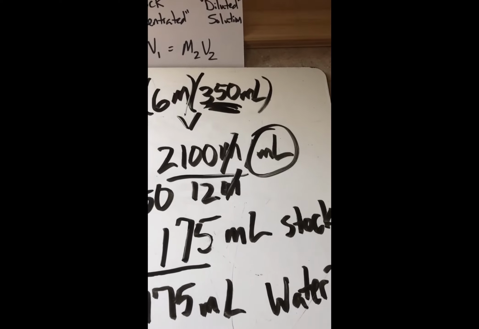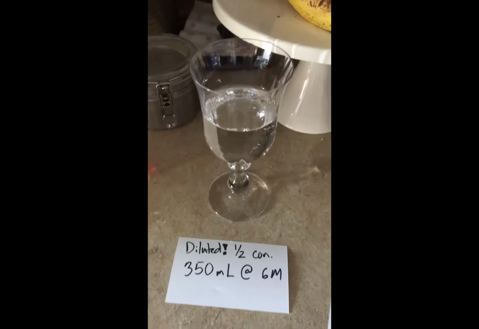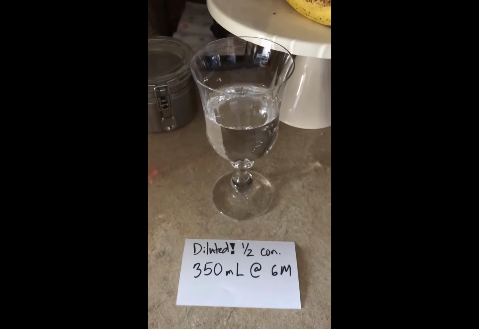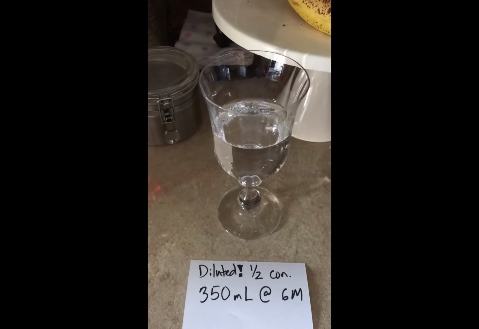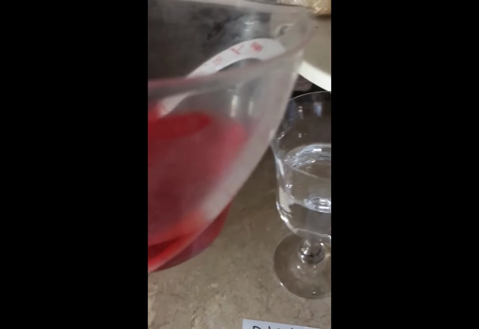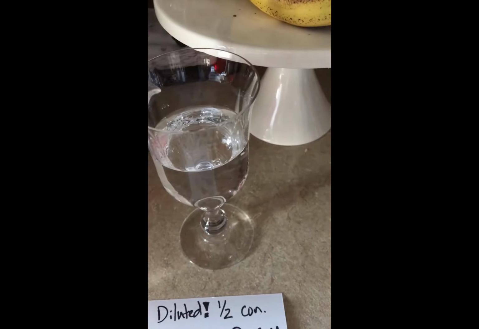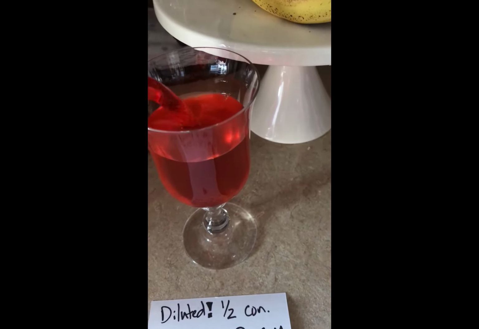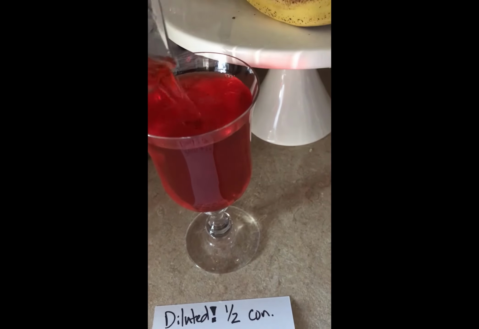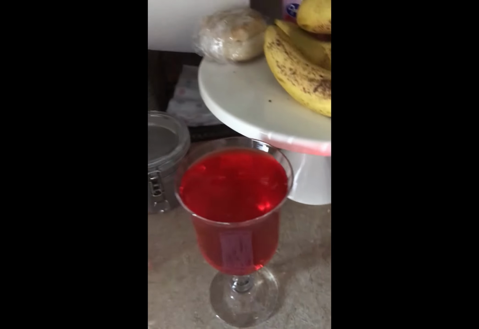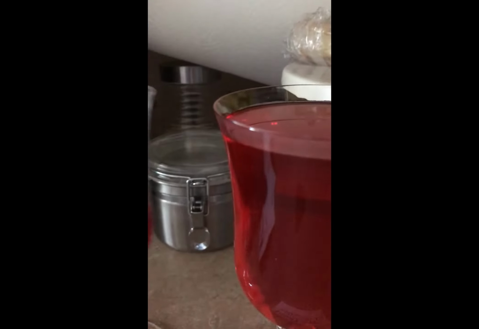So I'm going to mix that up real quick so you guys can see that. Okay, so I've put 175 milliliters of water in, and I've measured out 175 of my stock solution. And so that is our diluted solution. It's still pretty dark.